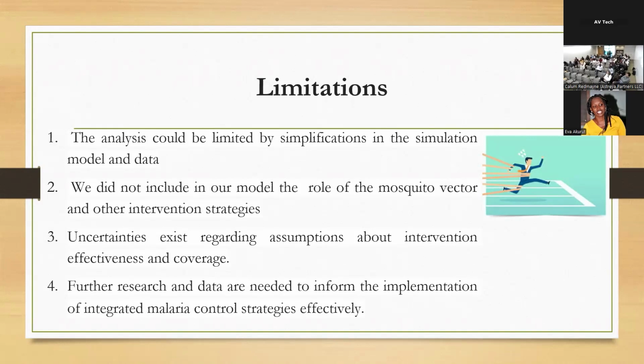So the number of bites will impact the incidence of malaria, which will directly affect the mortality. Then there are assumptions regarding the intervention effectiveness and coverage. Further research and data are needed to inform the implementation of integrated malaria control strategies effectively.